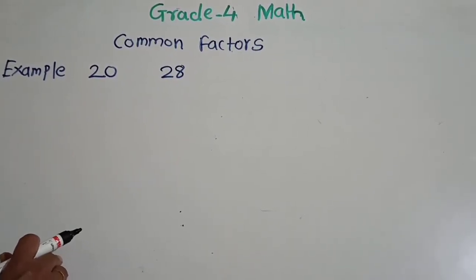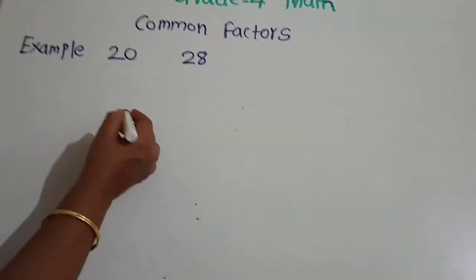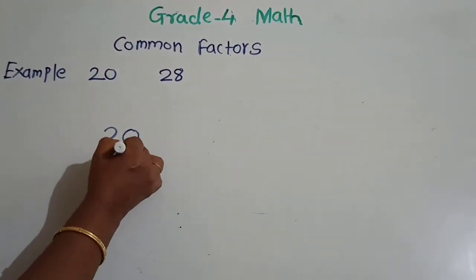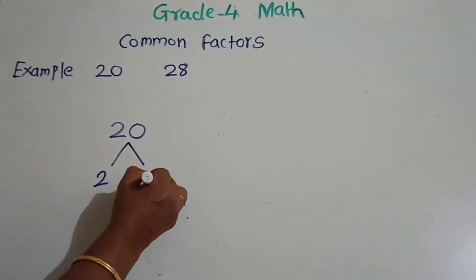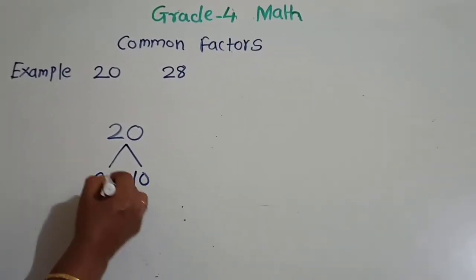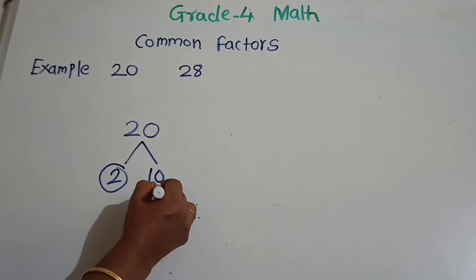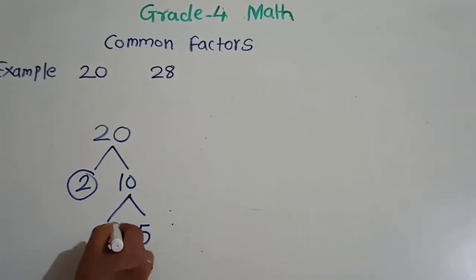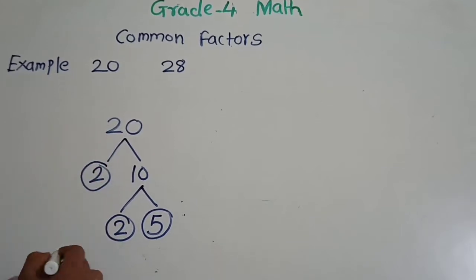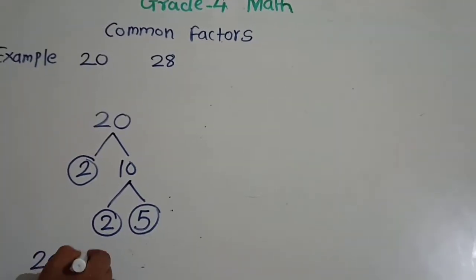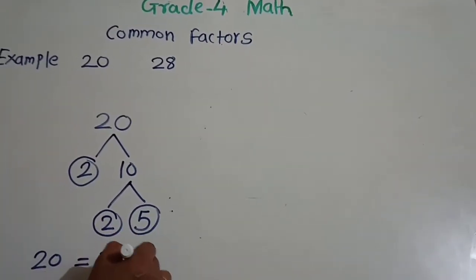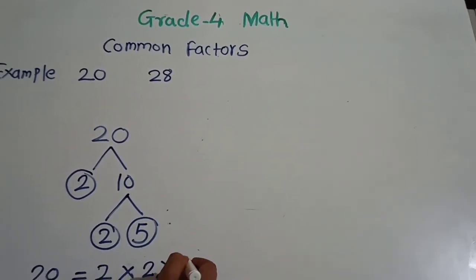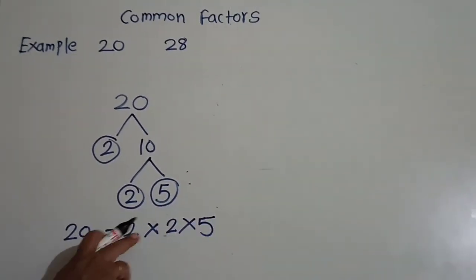Last session we learned the factor tree. It looks like this: 20 means 2 tens are 20, then 2 fives are 20, and these are the factors of 20. 20 is equal to 2 multiplied by 2 multiplied by 5.